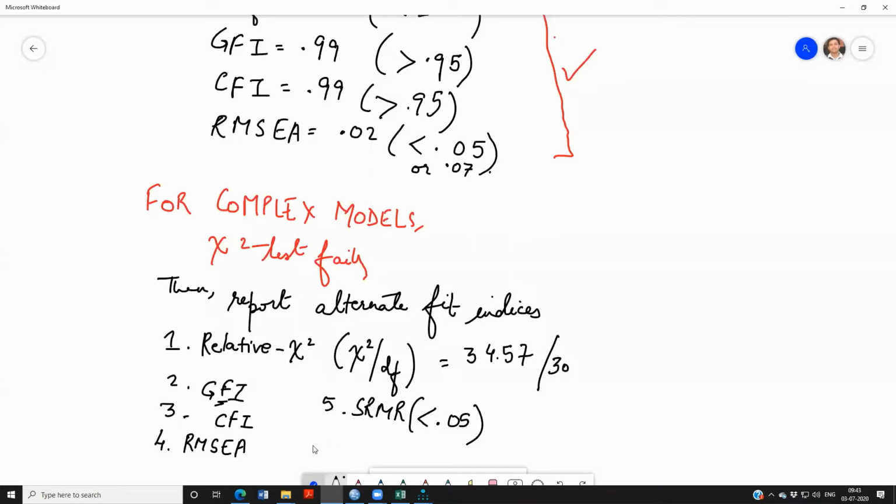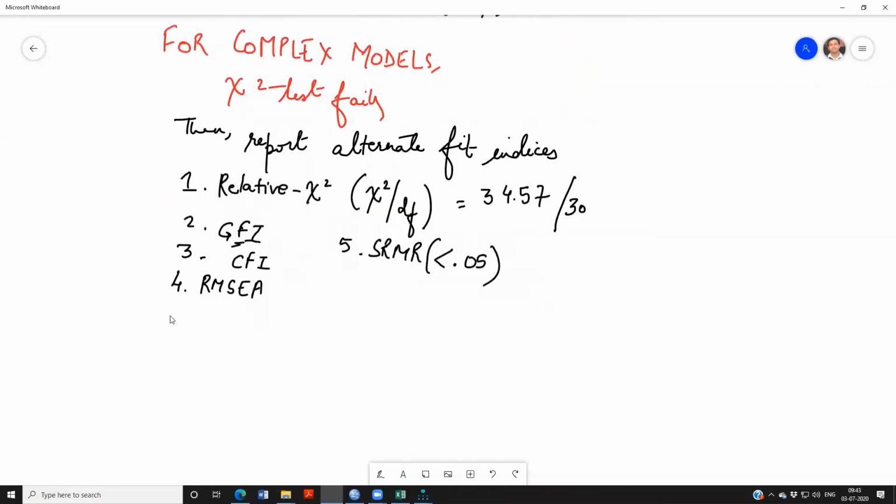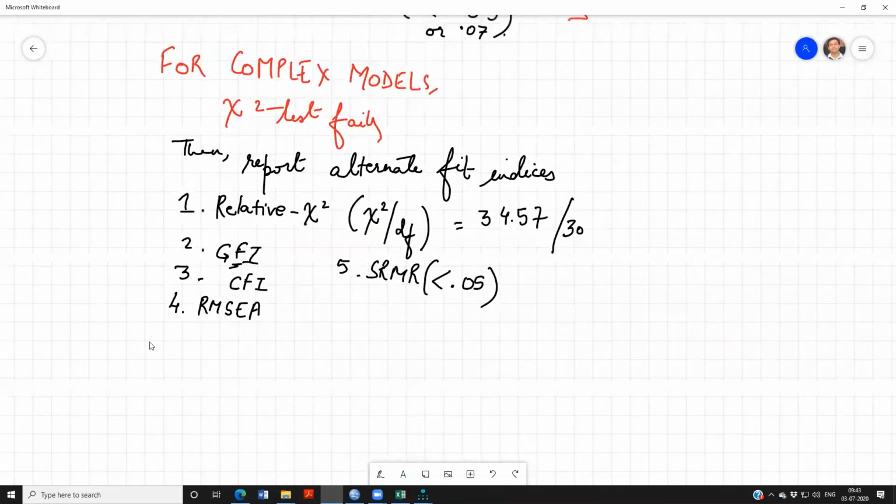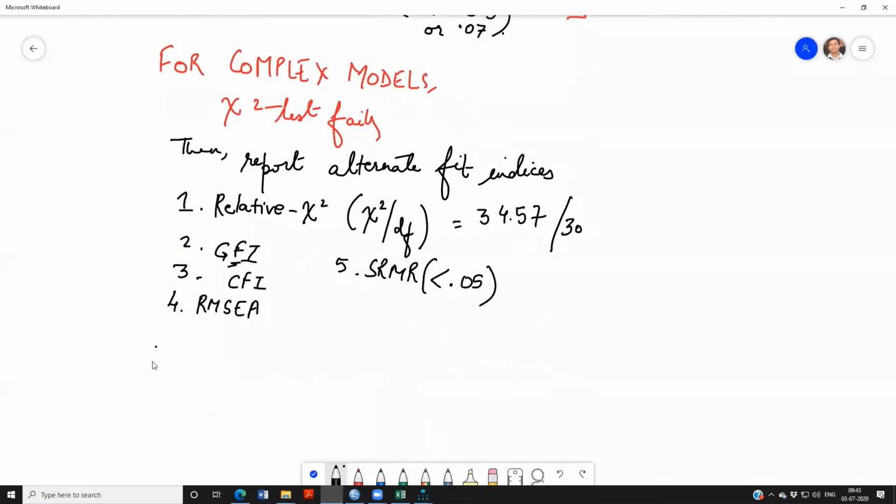And how do you write it? You will say that the model that you have fits the data well.